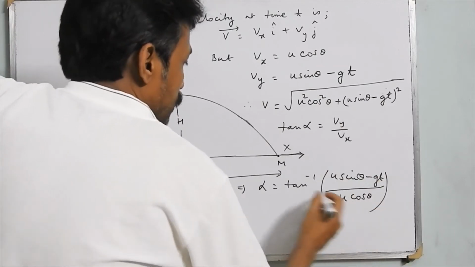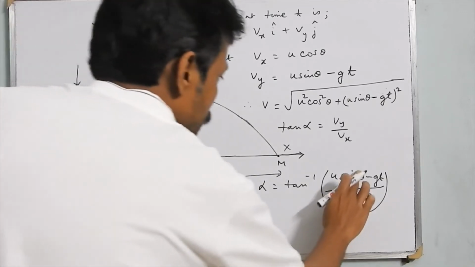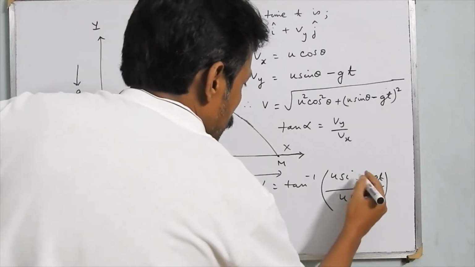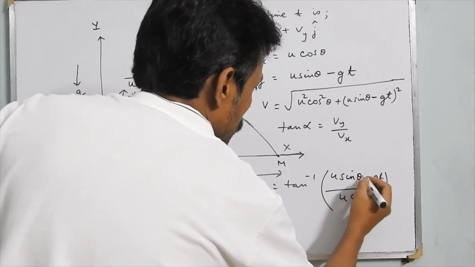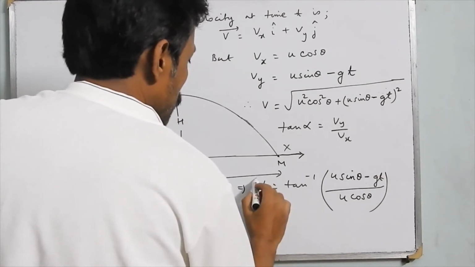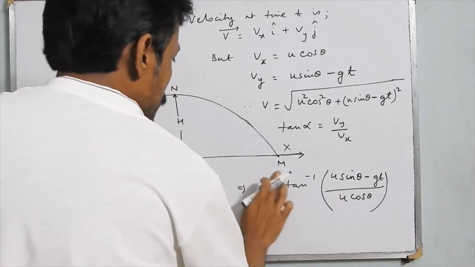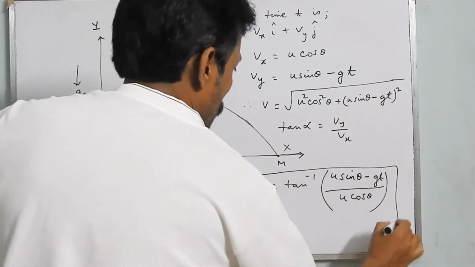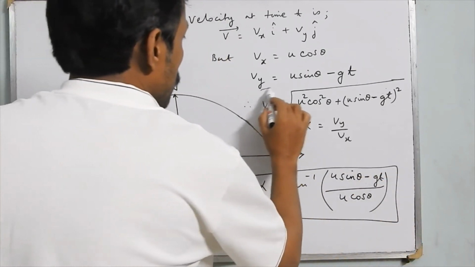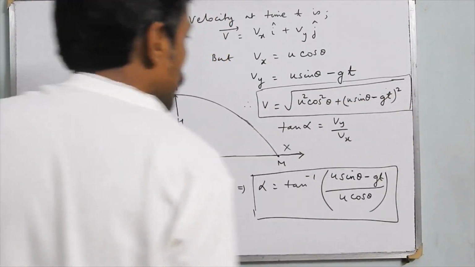So this is the way of representing the velocity at any point at any time t, and the direction that the velocity vector makes with the horizontal. So this is the direction made by the velocity vector with the horizontal, and this is the magnitude of the velocity vector at any instant of time t.